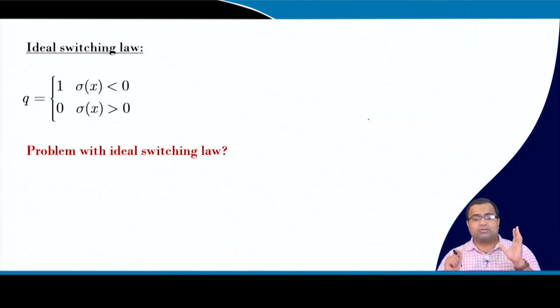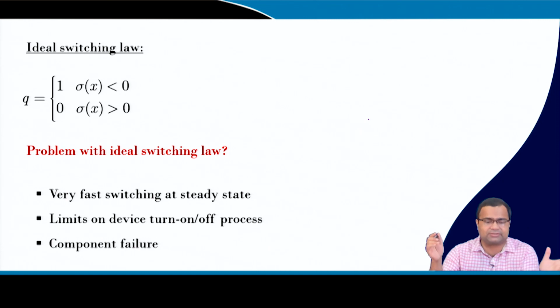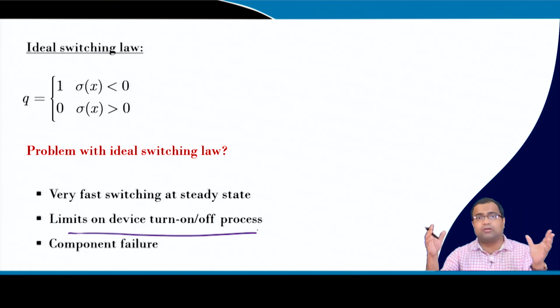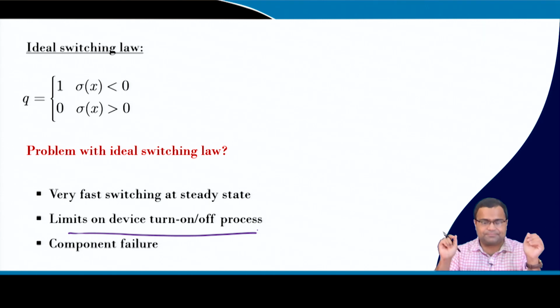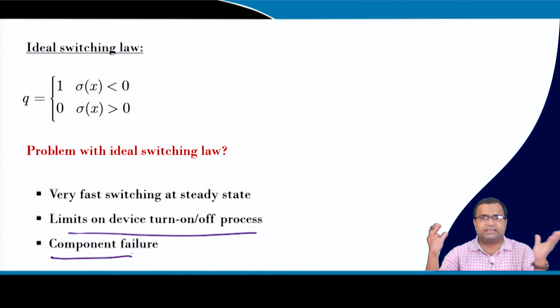So, the ideal switching logic is practically not recommended. It results in very fast switching at steady state, which is not desirable. It can damage the switch, and there are limits on the practical on off time of the device. Even for simulation we have a limit because of the simulation step size, and in a practical converter this can lead to component failure because of the heating effect, as you are turning on and off very rapidly.